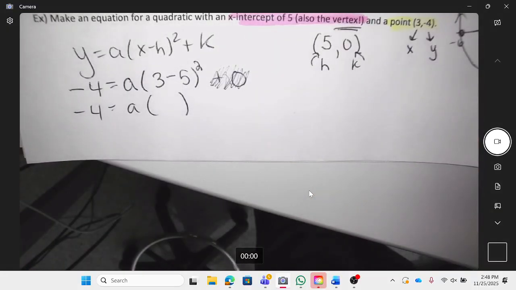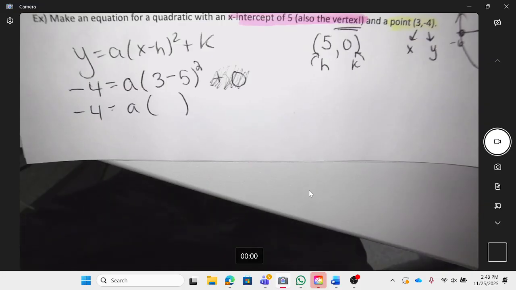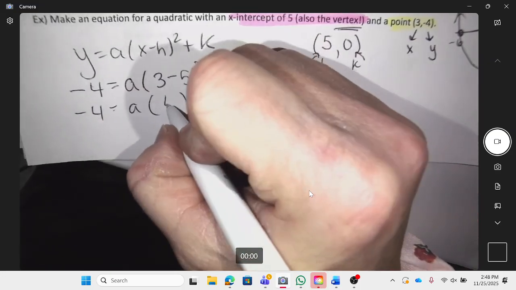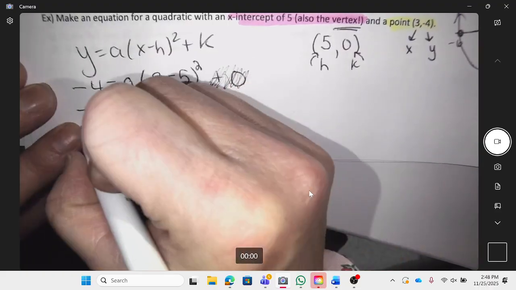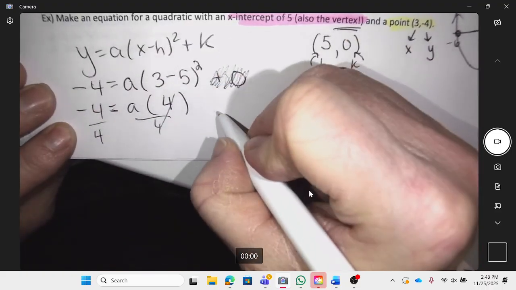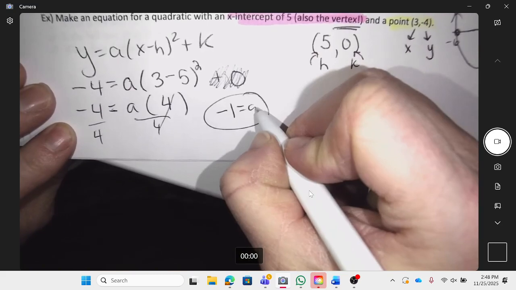You need to get that number for me. And you can do bracket 3 subtract 5, bracket squared. Four. Divide by 4. And then my A is -1.